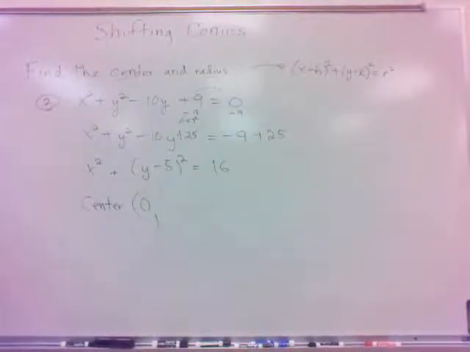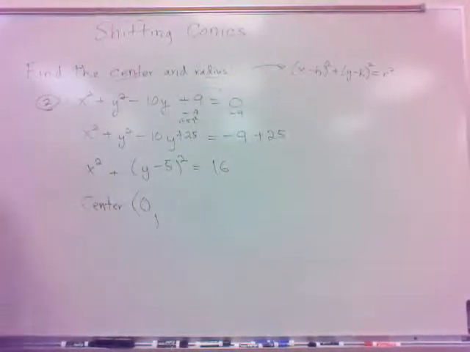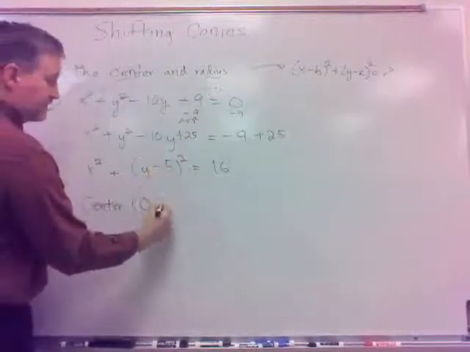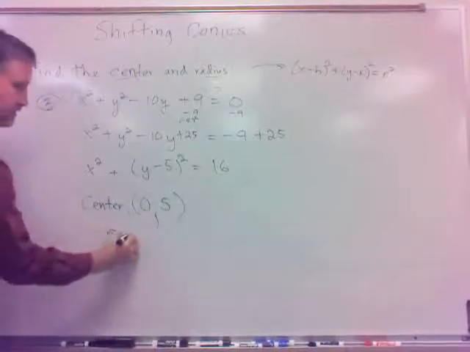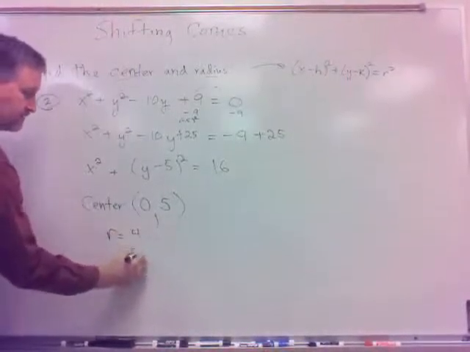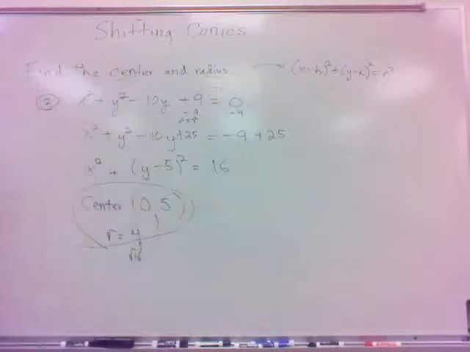Or if nothing is subtracted from y, the k value of the center is just 0. Okay, so yeah, there's no shift on the x, so the center stays at 0 in that direction. This one would shift the k to be 5. (0, 5) is the center. Radius 4, square root of 16. How about that? Okay? All right.